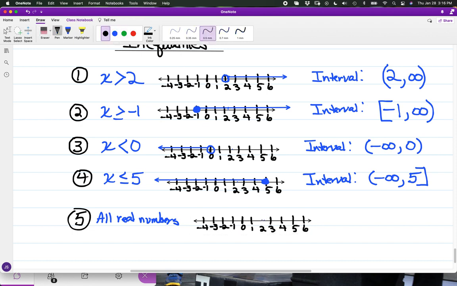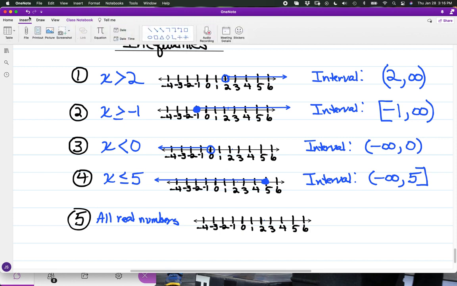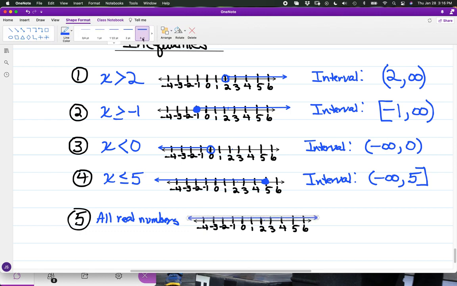What this is going to mean is that you're going to have continuous activity from end to end. So you're looking at the irrational numbers, rational numbers, all the fractions, decimals, positives, and negatives, as well as the zeros. So everything is going to be boundless.